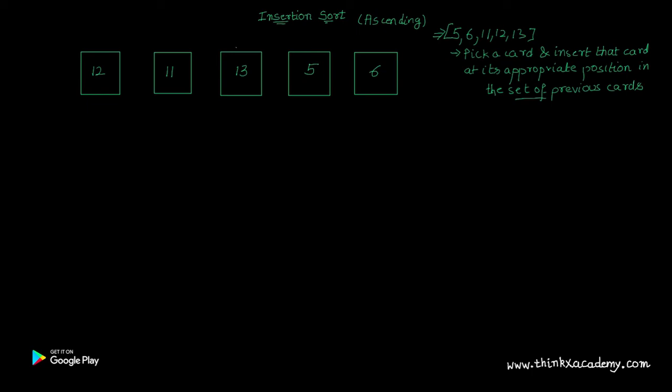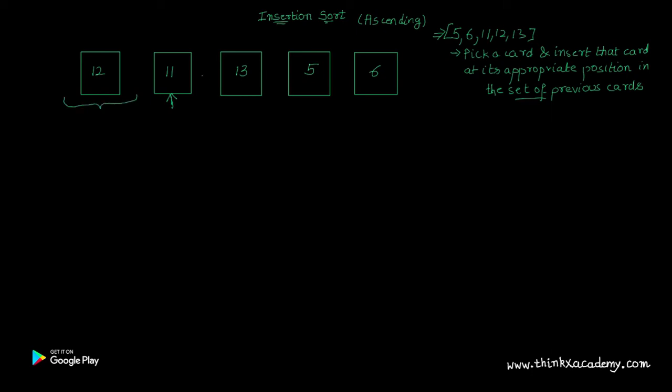So let's now do the insertion sort algorithm on these cards. First of all, let's pick up the first card, which is 12, and we know that 12 has no previous set of cards, so we are not going to pick the first card. Let's move on to the next one, which is 11. You can see that this is the 11 card and it has a previous set of cards, which is 12.